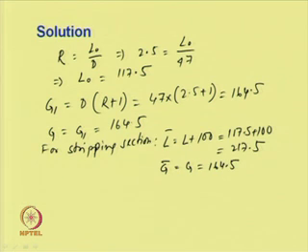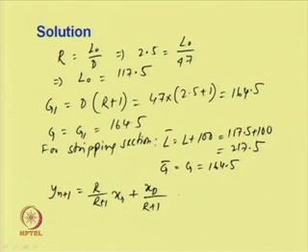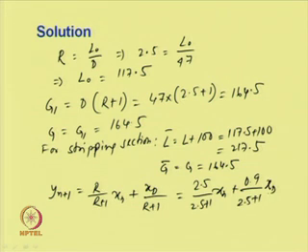Now, the operating line for the rectifying section: y n plus 1 is equal to R by R plus 1 x n plus x d divided by R plus 1. If we substitute 2.5 by 2.5 plus 1 x n plus 0.9 divided by 2.5 plus 1, this will lead to 0.714 x n plus 0.257.